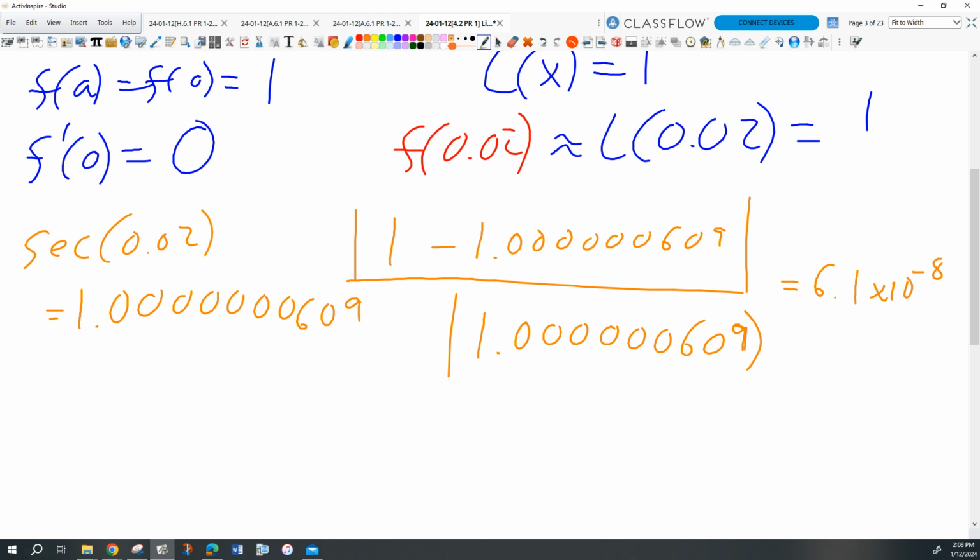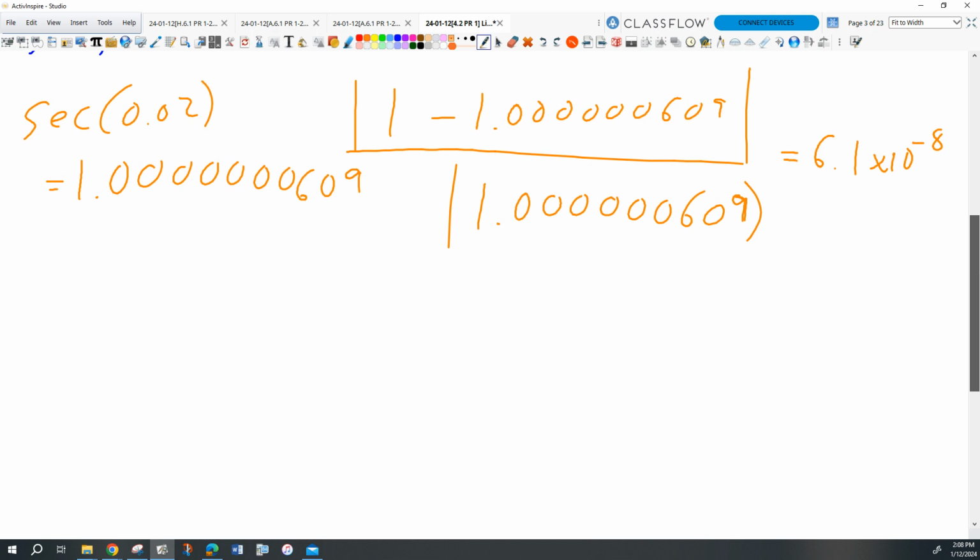So if we multiply by 100, it's just to the negative 6, right? Yeah. So then that means as a percent, it's 0.000006 1%. I don't know. That was a pretty good approximation, right?